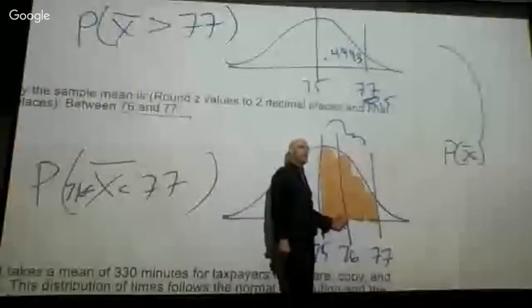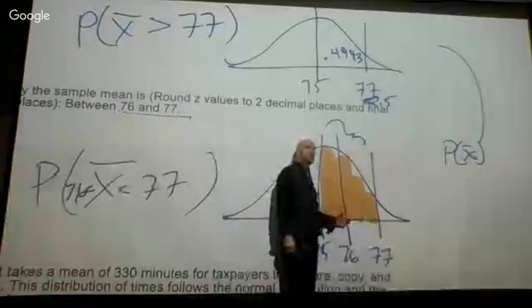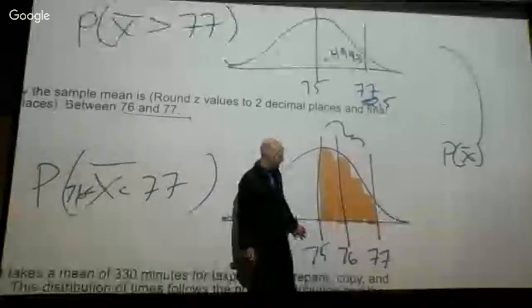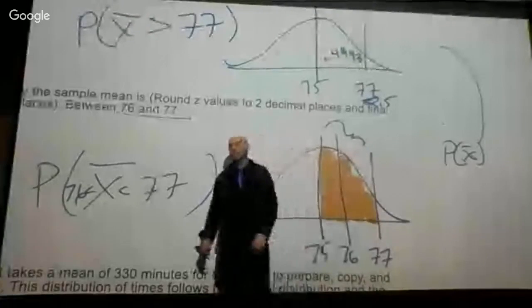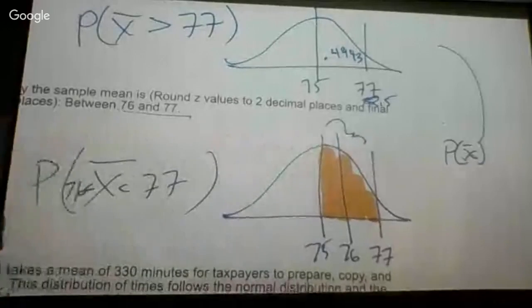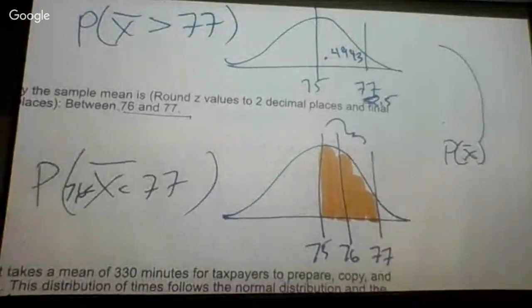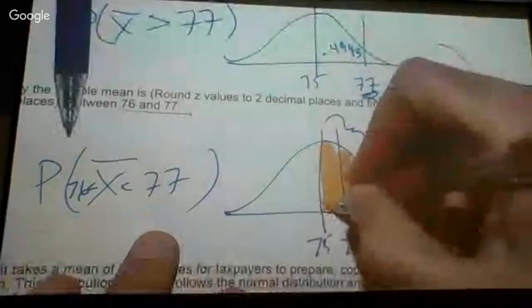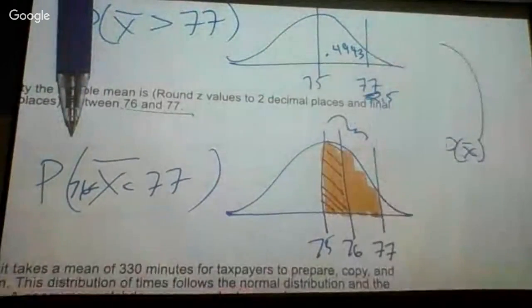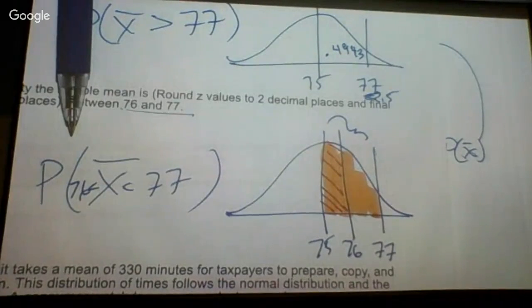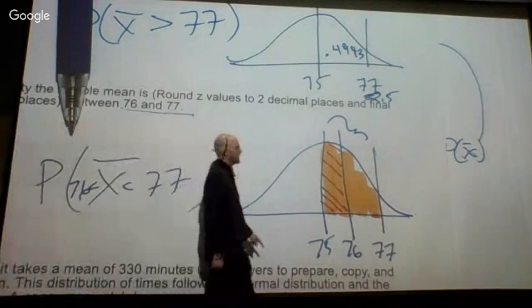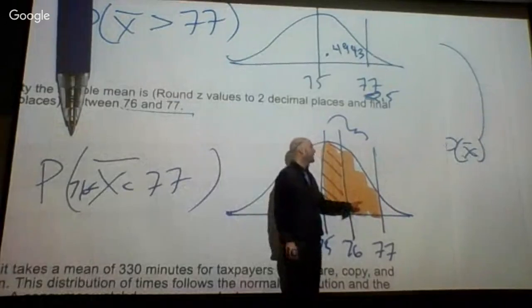I think these types of problems are the most challenging because the picture tells you that you have to subtract this piece from everything in orange. You have to subtract this piece in red from everything in orange to get just what's left right here.